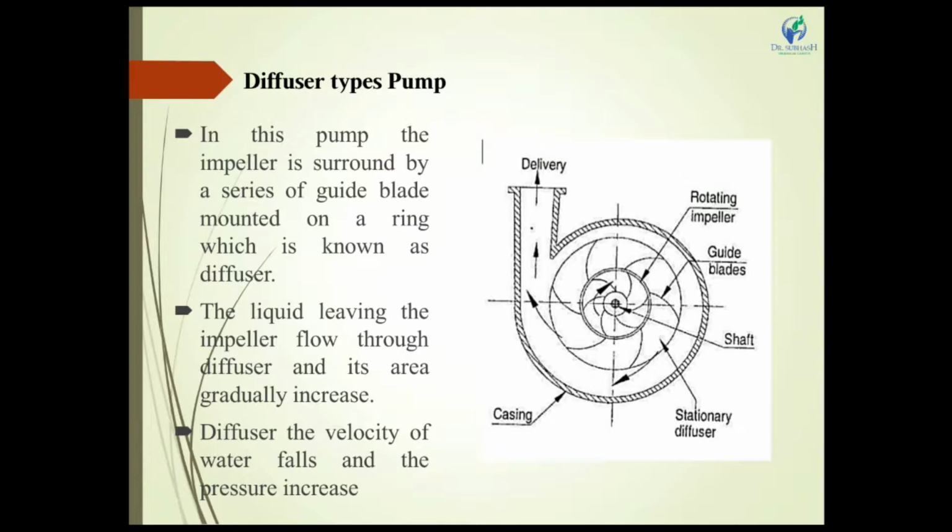The liquid leaving the impeller flows through a diffuser whose area gradually increases, converting kinetic energy into pressure energy. In the diffuser, the water velocity falls and pressure increases.